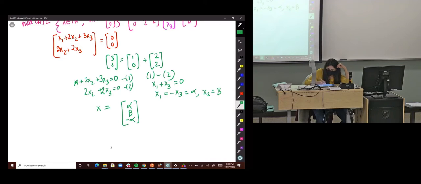So alpha plus 3, yeah. And then we add the 2, and then we also get x1. Replace that in there.